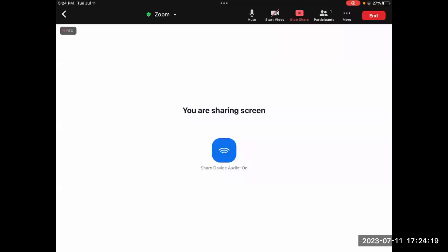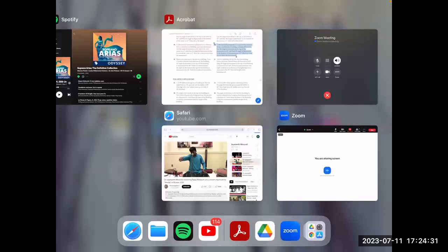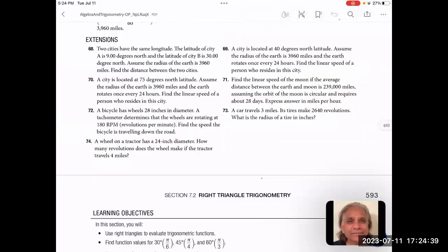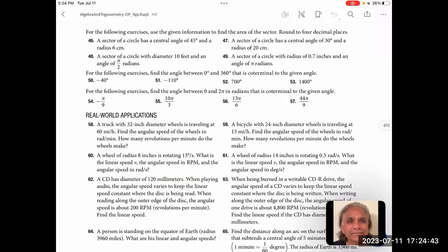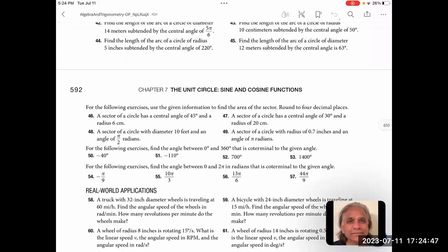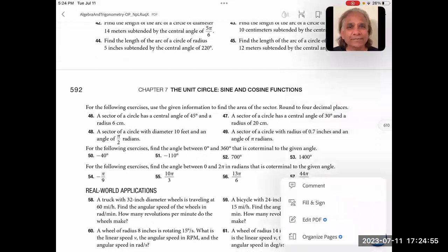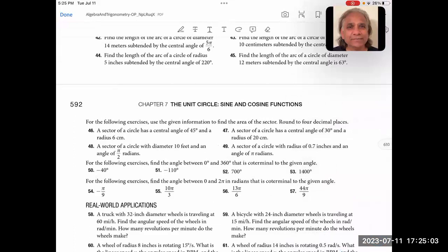So let me open the textbook here, and I'll try to write in the book itself so that you can see what the problems are. So first, what do we mean by coterminal angles?